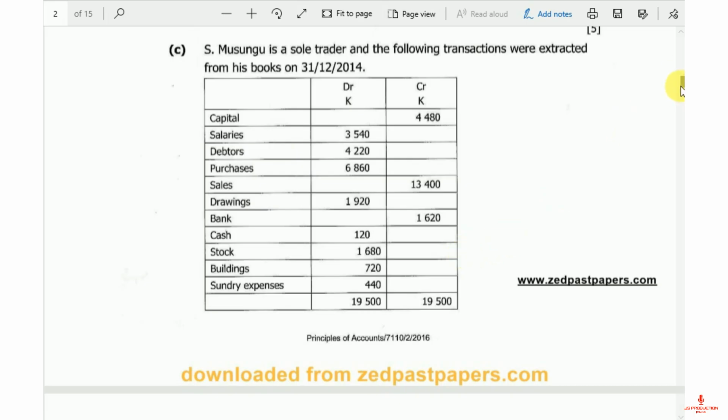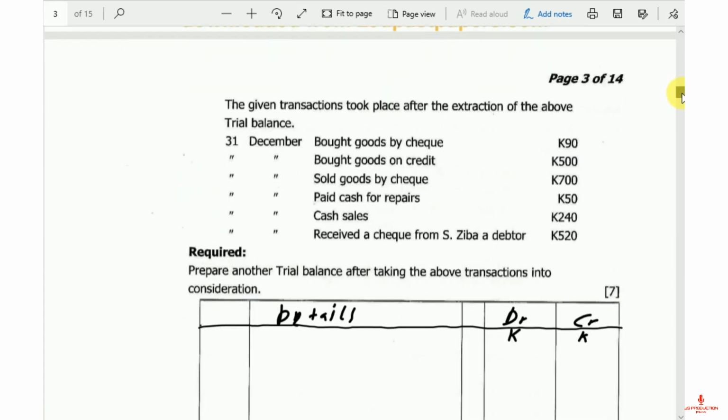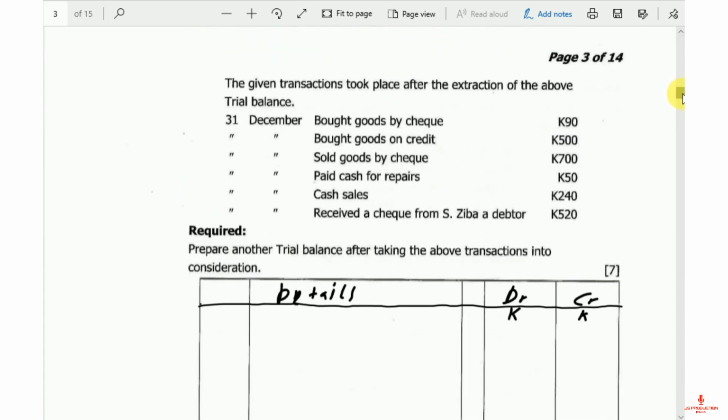The question proceeds: the given transactions took place after the extraction of the above trial balance. So they took place on 31st December.